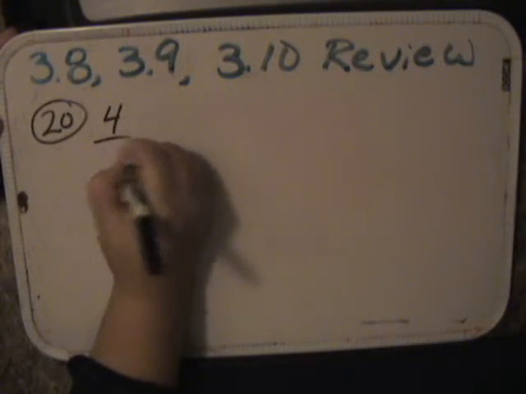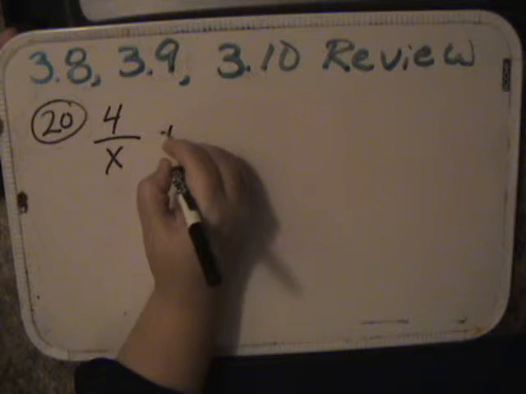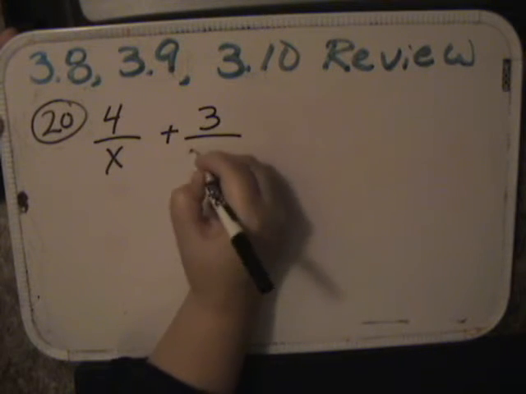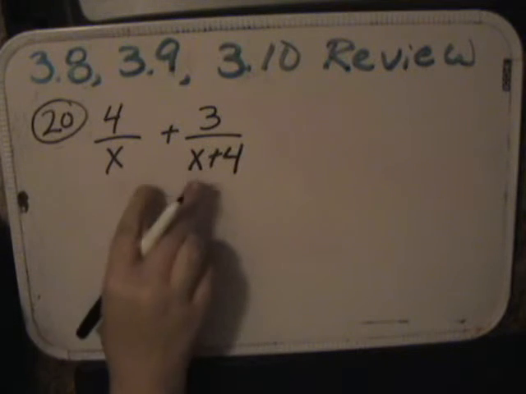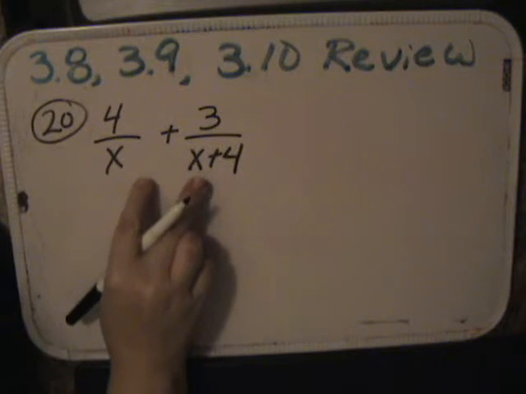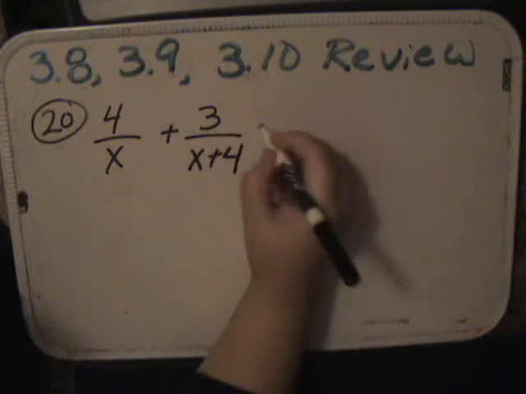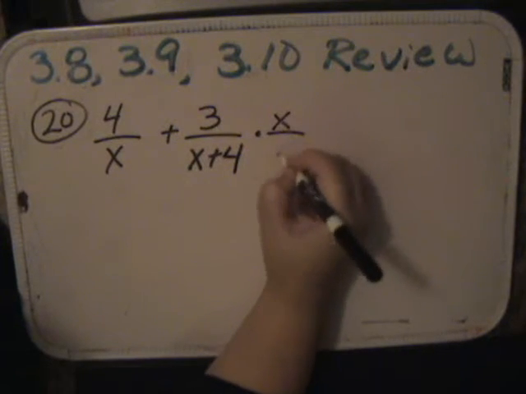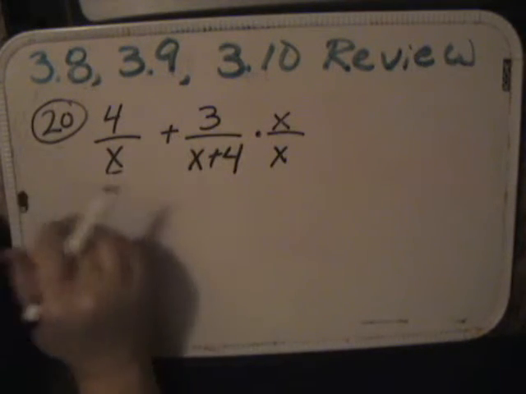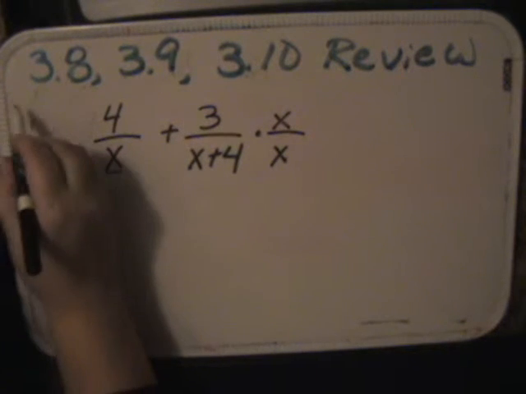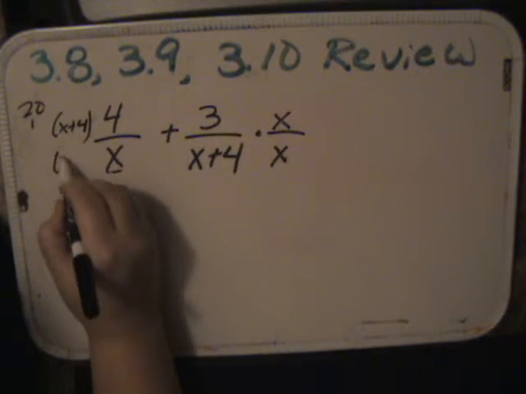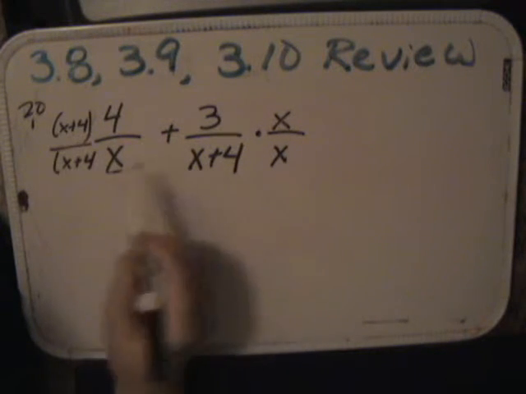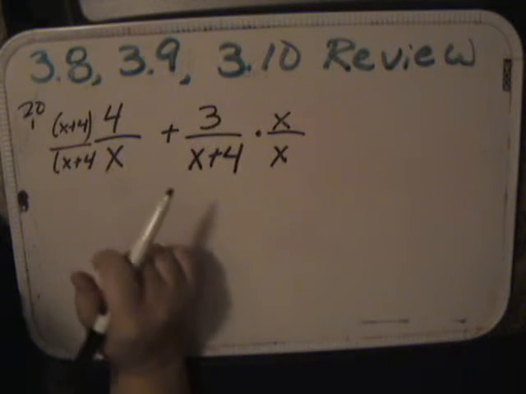20 is 4 over x plus 3 over x plus 4. Now, for this problem, again, these two denominators do not have a common denominator, so I multiply this side by x over x because it's what I have over here, and then this side I need to multiply by x plus 4 over x plus 4 in order to get a common denominator.